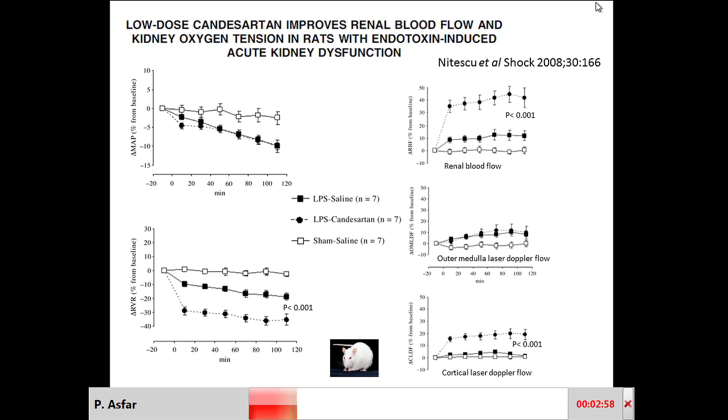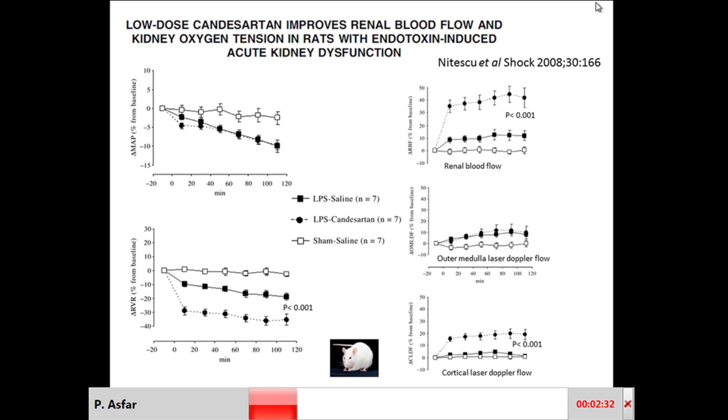So conversely to angiotensin II, blocking the renin-angiotensin system with candesartan improves renal blood flow. They measured the oxygen availability in the cortical area and in the outer medulla with laser Doppler, and there was no effect in the outer medulla.